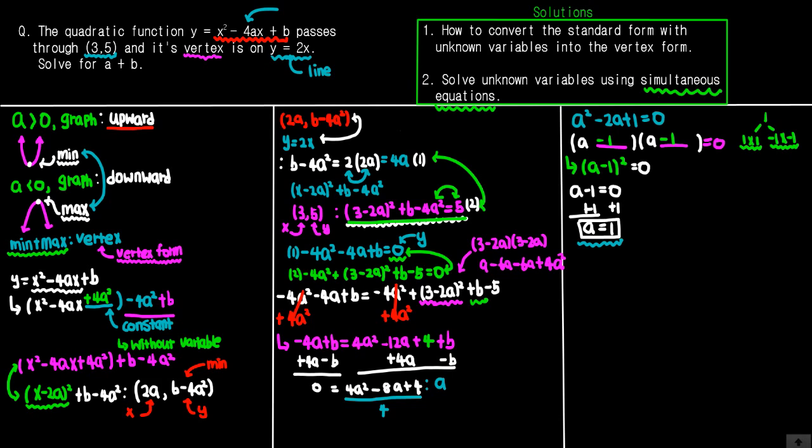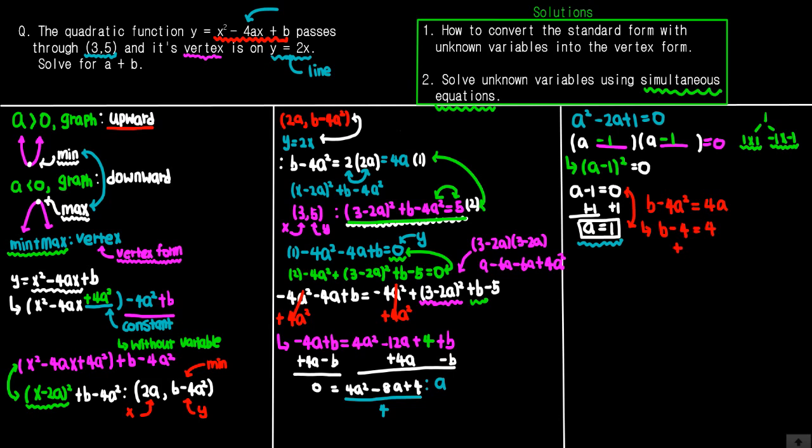Here's the easiest equation, which is b minus 4a squared is equal to 4a. If we input our value, a equal to 1, we end up with b minus 4 is equal to 4.